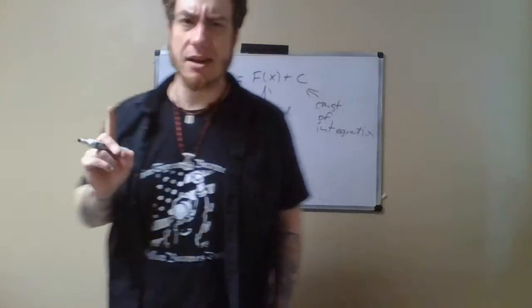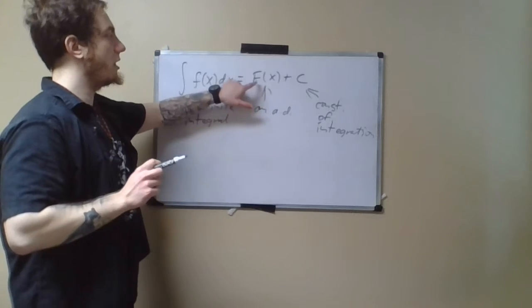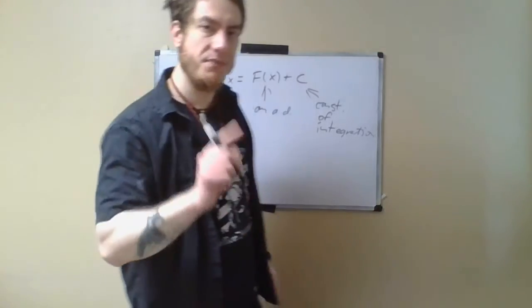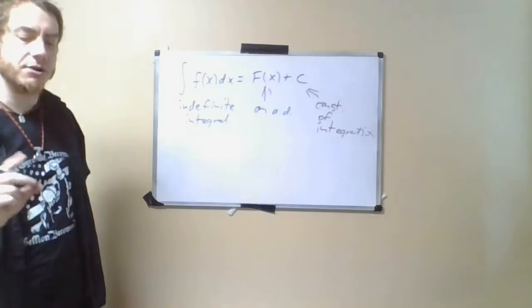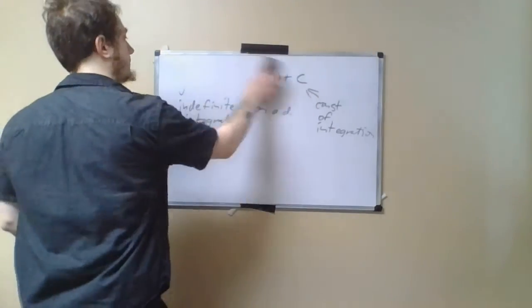Now, there is one thing that I do want to mention, a little caveat here. A lot of people will tell you, oh, well, F of x plus c, this is the most general form of the antiderivative. Yeah, that's almost true. It's not actually necessarily the most general form of the antiderivative. And here's why.